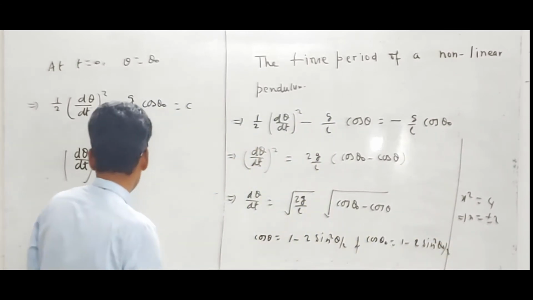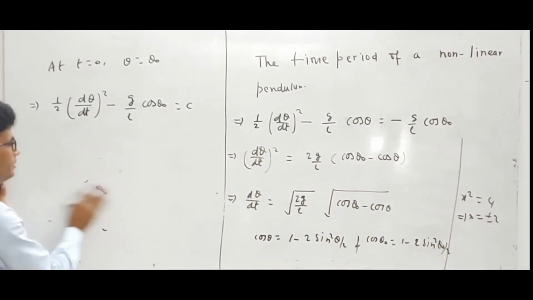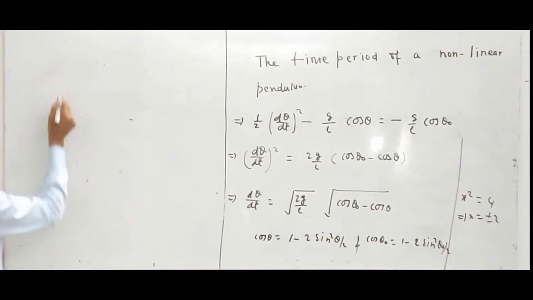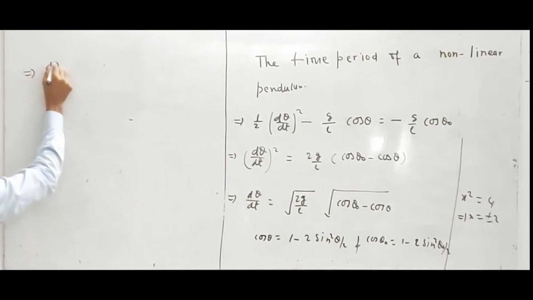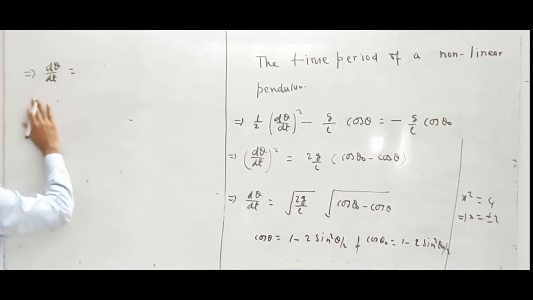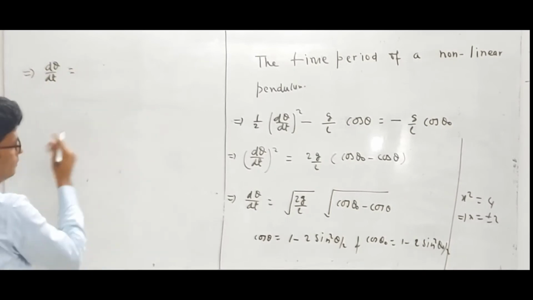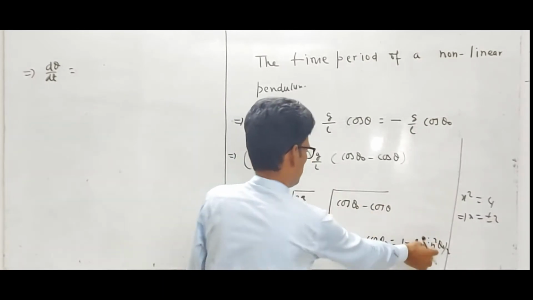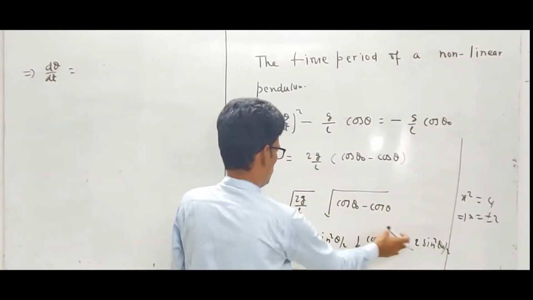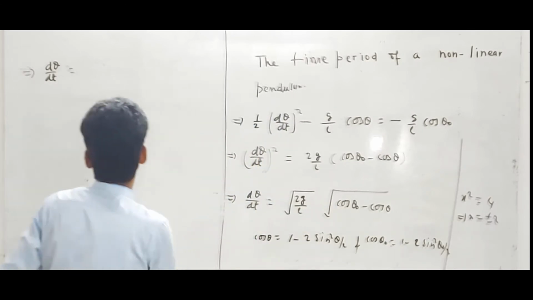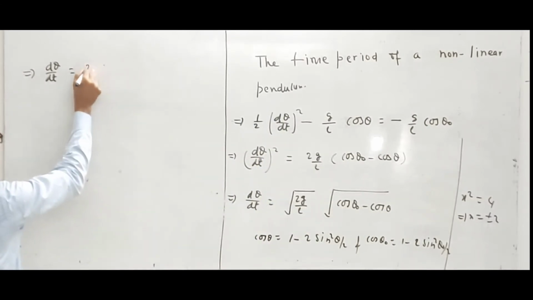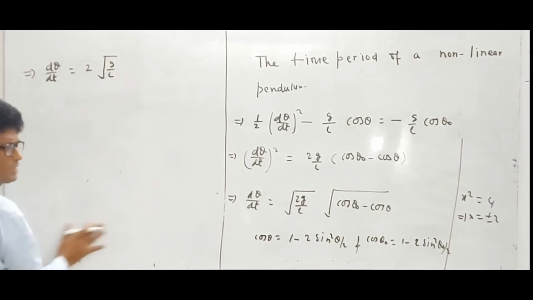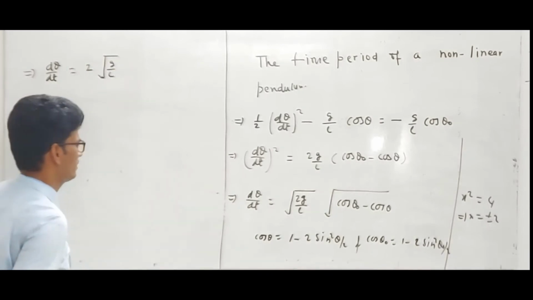After putting this, let us see. So now this implies d theta by dt is equal to, if you put it like that, this factor has been cancelled out, root 2 is already taken out, so it becomes twice under root g by L. It's totally simplification, you are also able to do that.